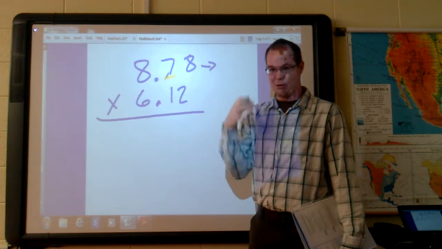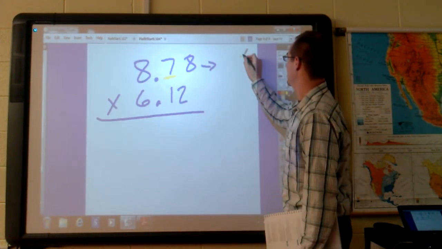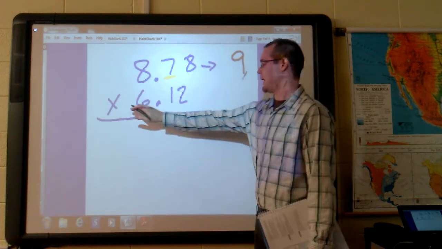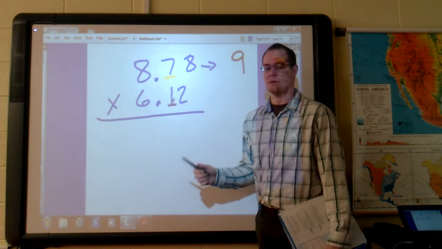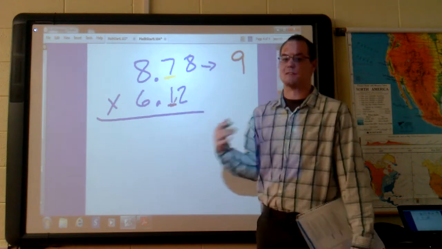It's equal to or greater than 5, so I round up to 9. And we have 6 and 1/200ths. This 1 tells me to round down because it's less than 5.